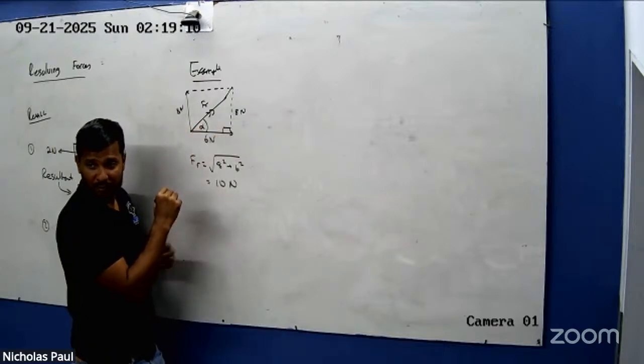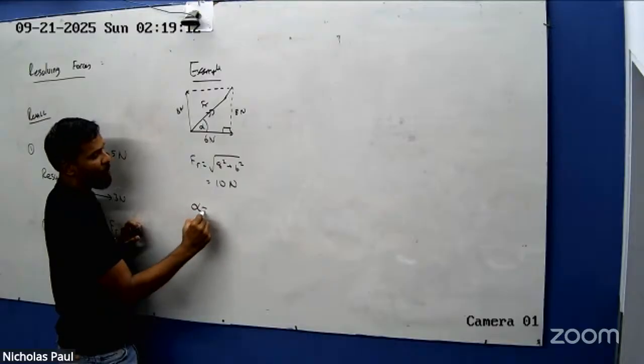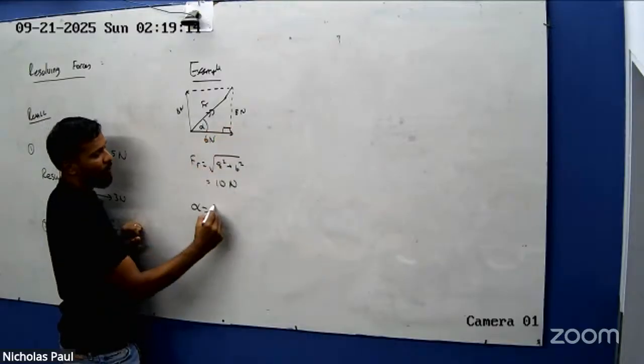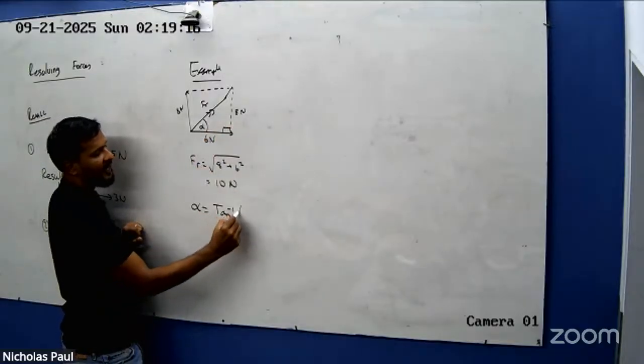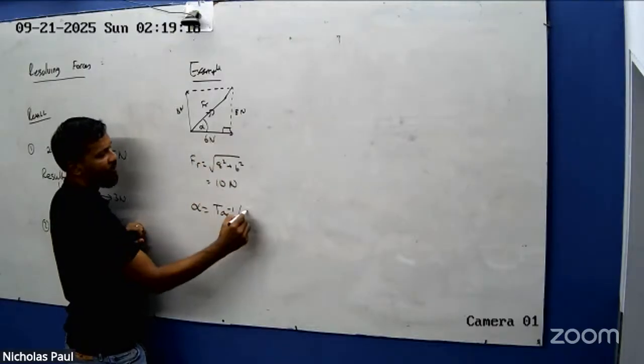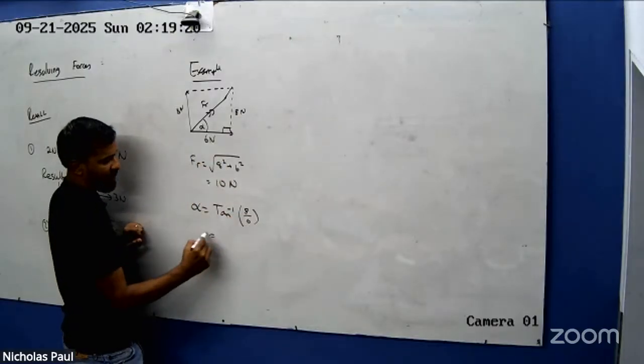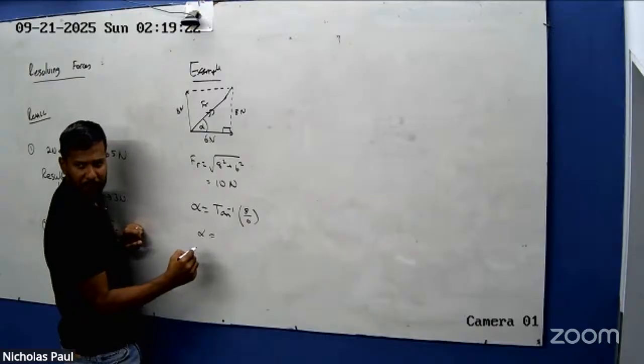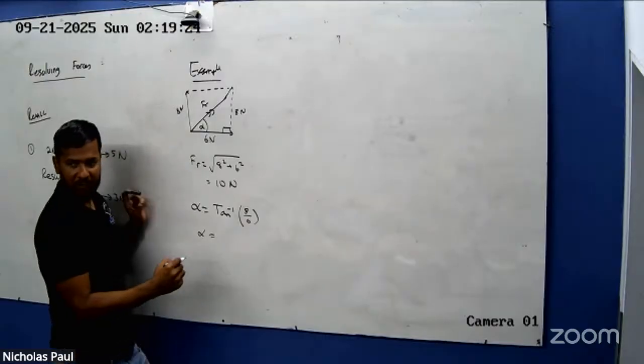Joseph? Yeah? So how are we getting alpha? Alpha will be tan inverse of 8 over 6. How much is that? Let's check it from the class now. Degrees?